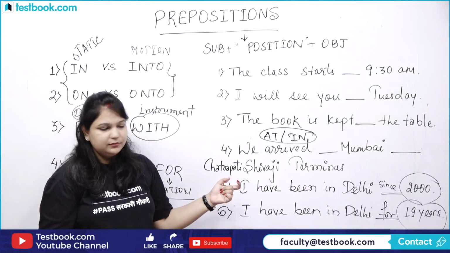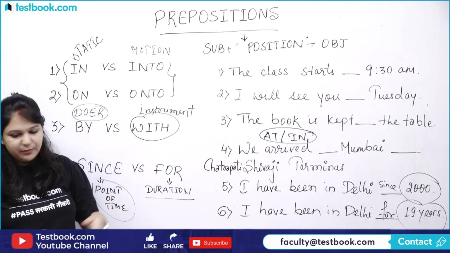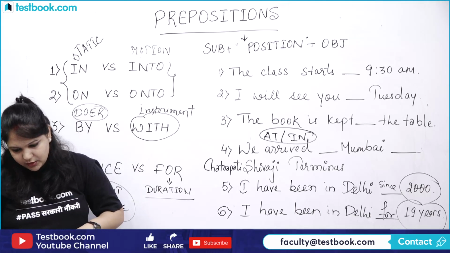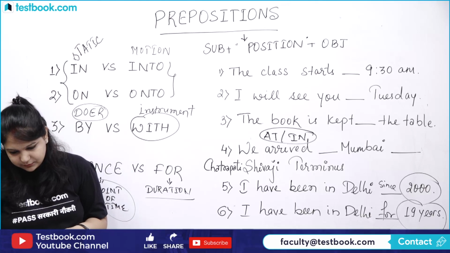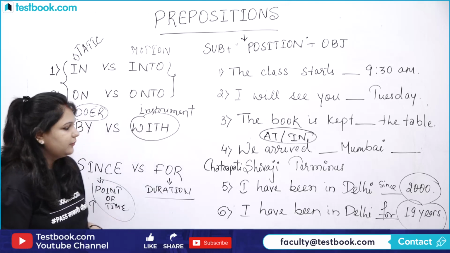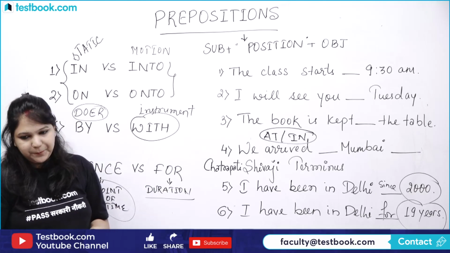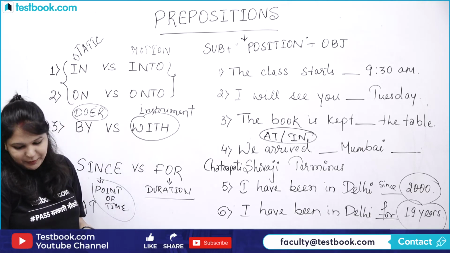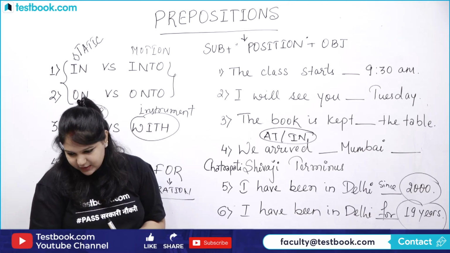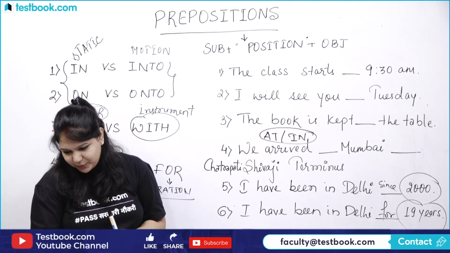We arrived blank Mumbai blank Chhatrapati Shivaji terminus. In Mumbai at CST. Okay. Go ahead. In at. A lot of people are answering the right one. In at. In Mumbai at Chhatrapati.